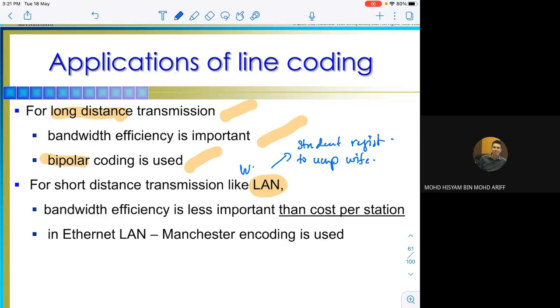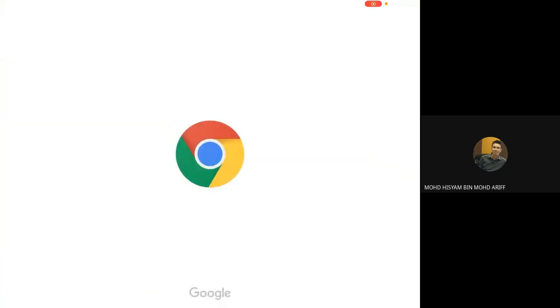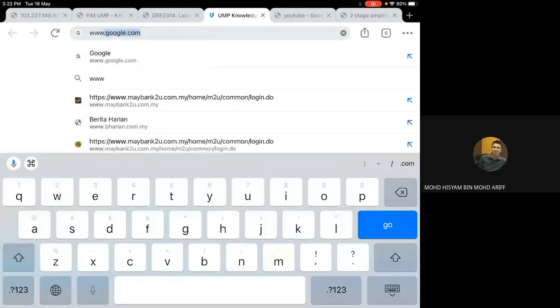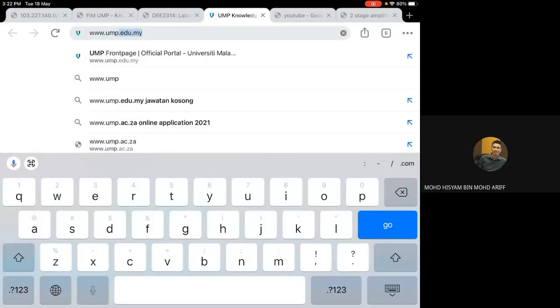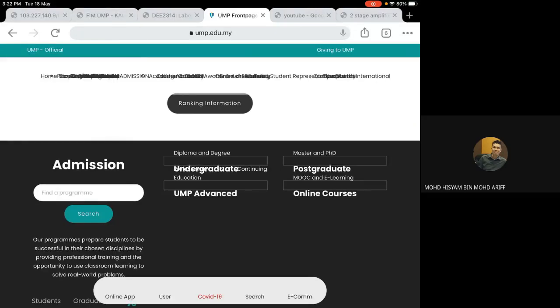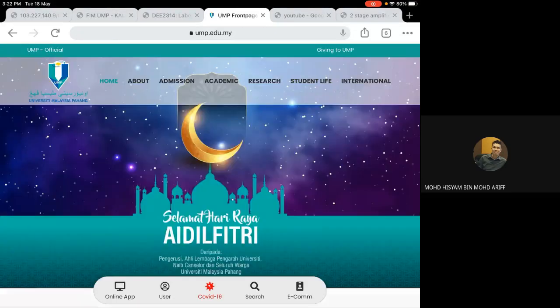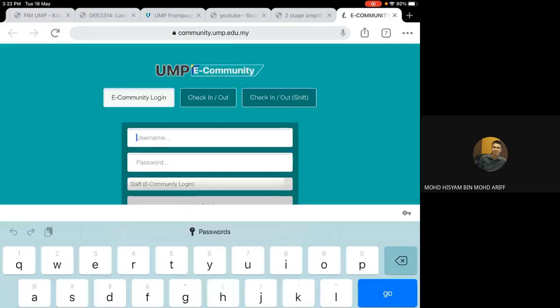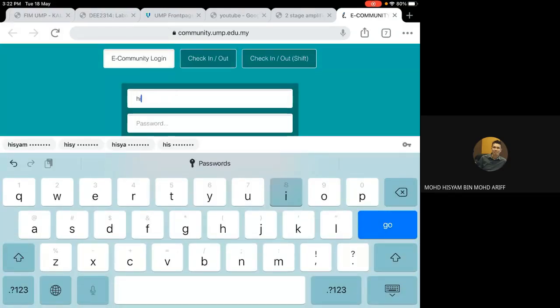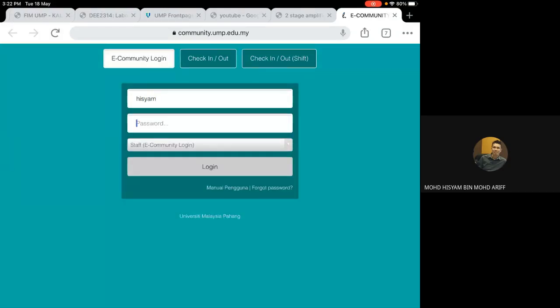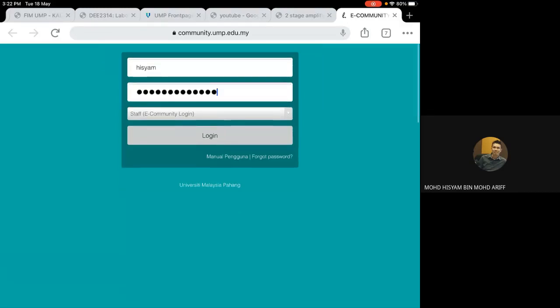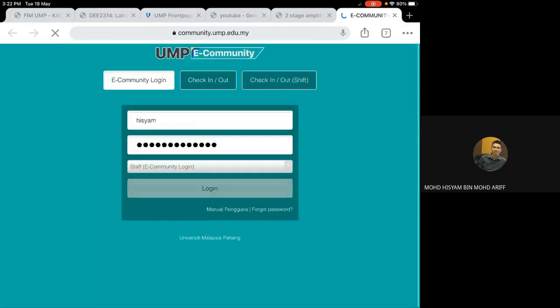Contoh macam ni, saya tunjuk you. Sebab saya kata difficult nak explain. Katalah internet tak ada, right? Okay, saya tunjuk wireless, macam mana wireless. Ni saya punya e-community.